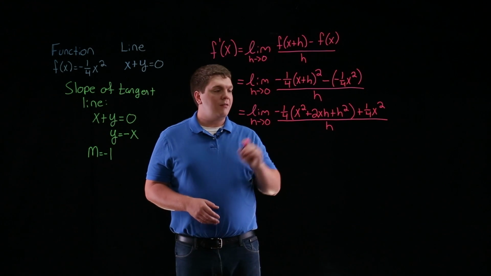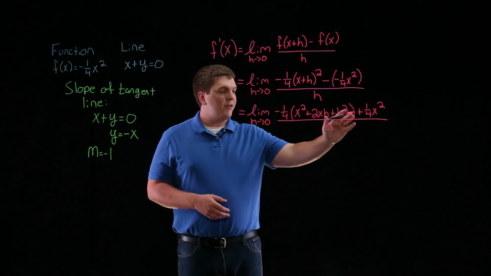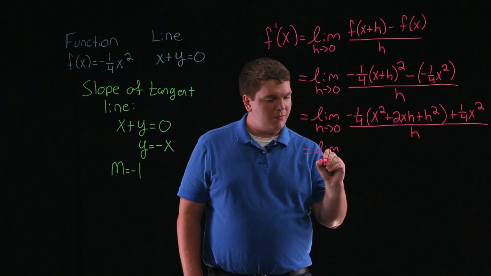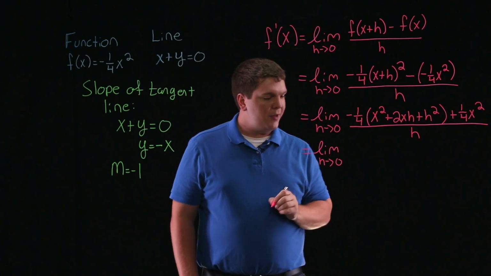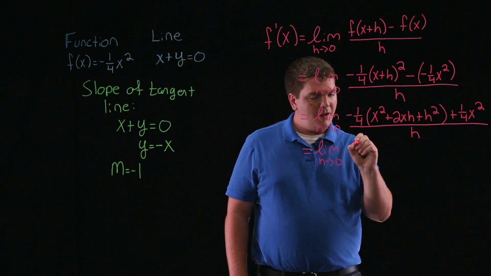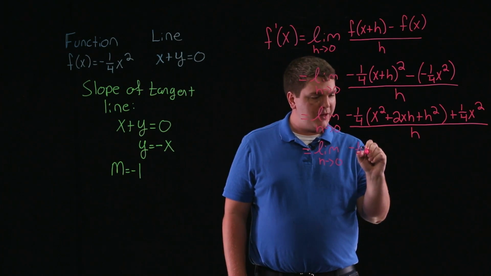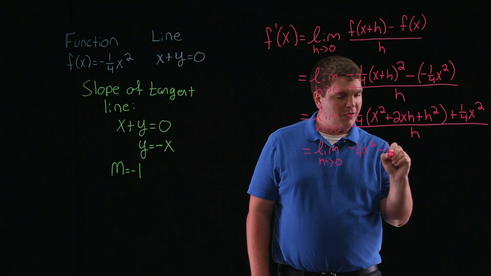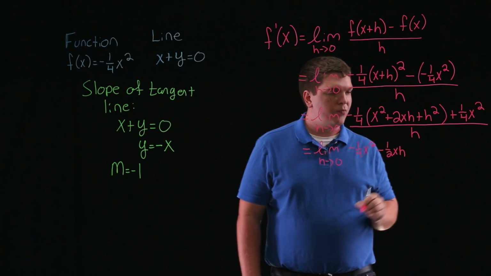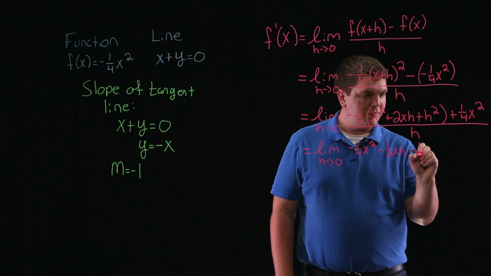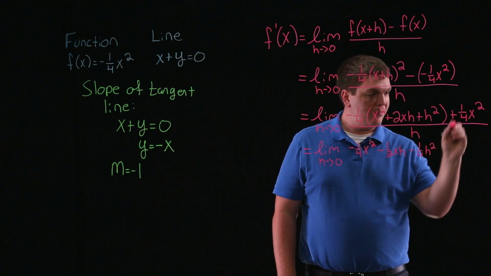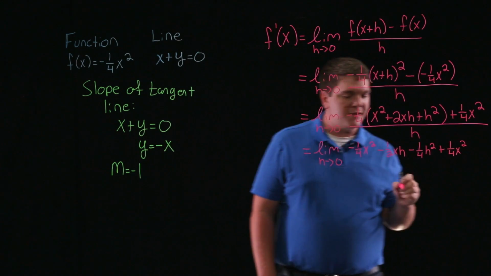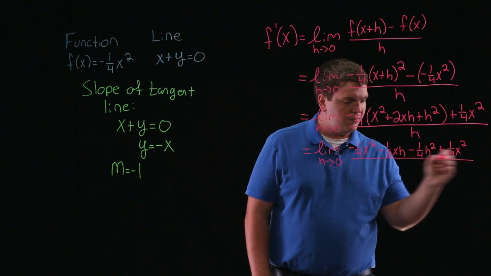Now we can distribute this negative 1/4 to everything inside the parentheses, which leaves us with the limit as h approaches 0 of negative 1/4 x squared minus 1/2 xh minus 1/4 h squared plus 1/4 x squared, and this is all divided by h.